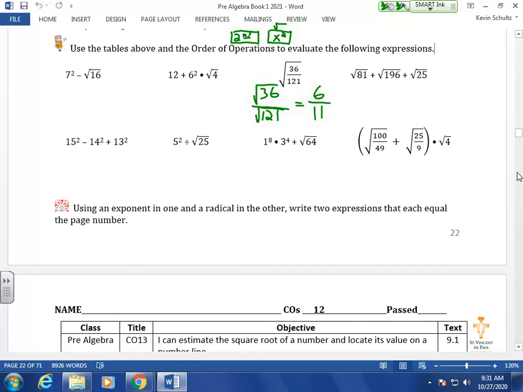Then you want to type in 36 divided by 121 and close your parentheses and then hit enter. Okay, so second function first, then your x squared button to get that root symbol, 36 divided by 121, close your parentheses and hit enter.